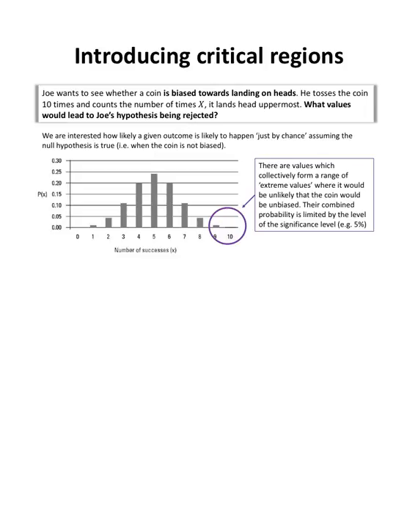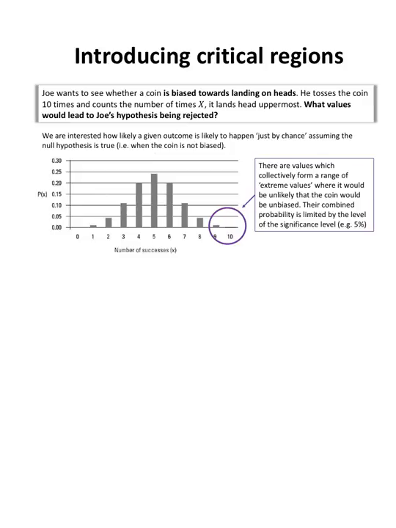If we're testing at the 5% level, to reject his hypothesis we would want to look at these extreme values where it would be unlikely that the coin would be unbiased.